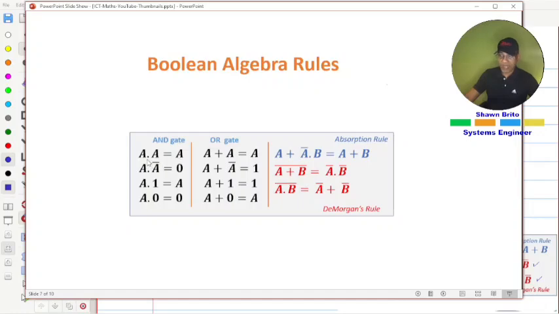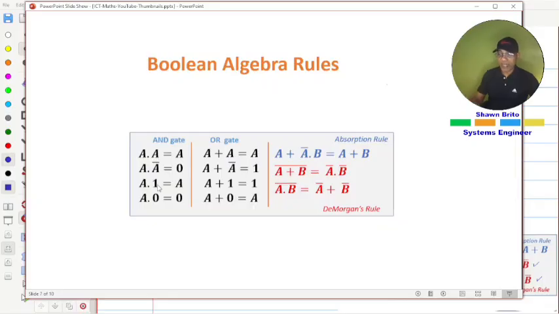When it comes to AND logic gates, A multiplied by A is basically A and A. For example, 1 and 1 is equal to 1, right? Because it's an AND gate, both conditions need to be satisfied. That is why in an AND gate, A and not A is 0, because 1 and 0 is definitely 0. Here's another one, A and 1.